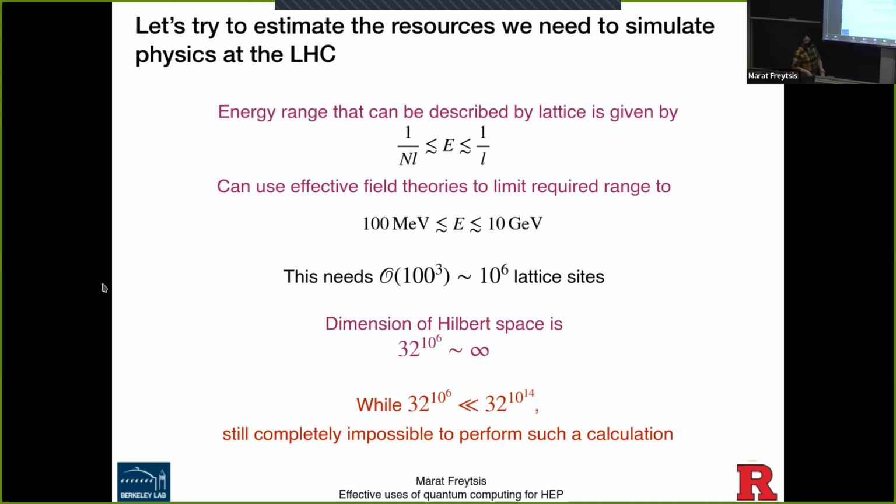The dimension of that is still 32 to the 10 to the 16. That's still close enough to infinite for the purpose of putting it on a quantum computer. So I think it's still impossible to do this calculation classically, or to imagine we'll be able to in the near future.